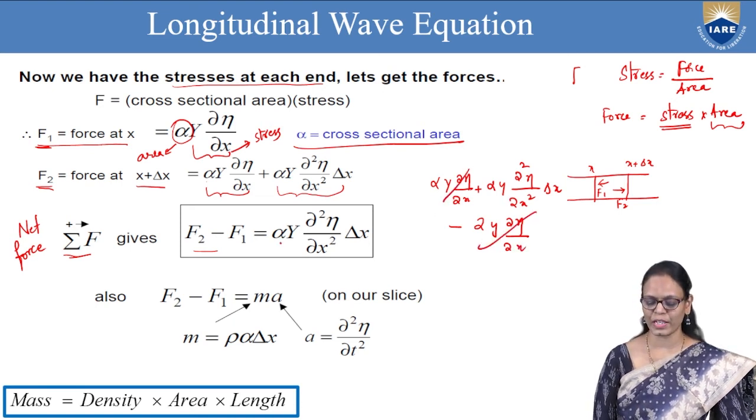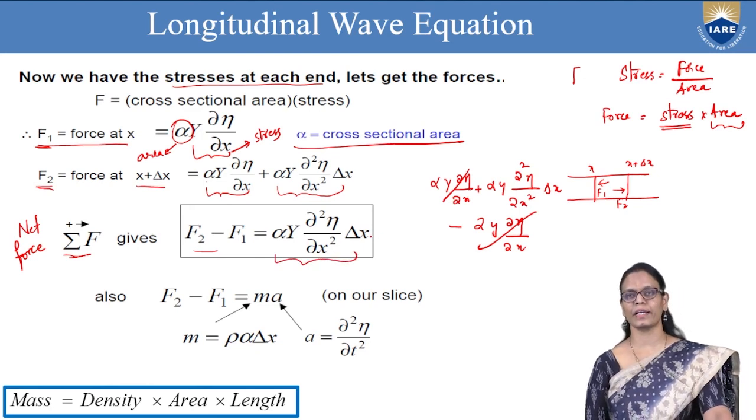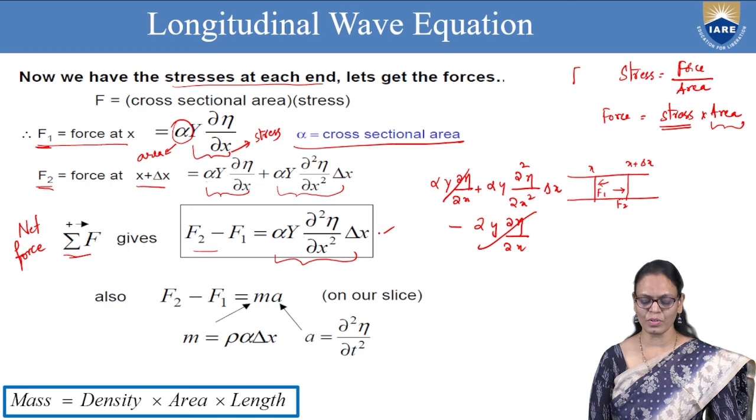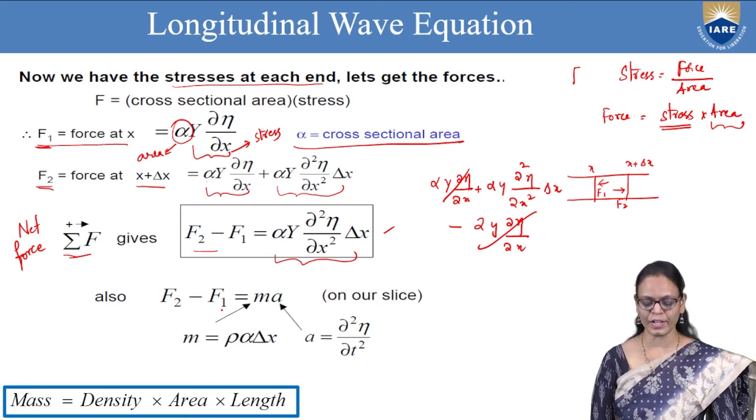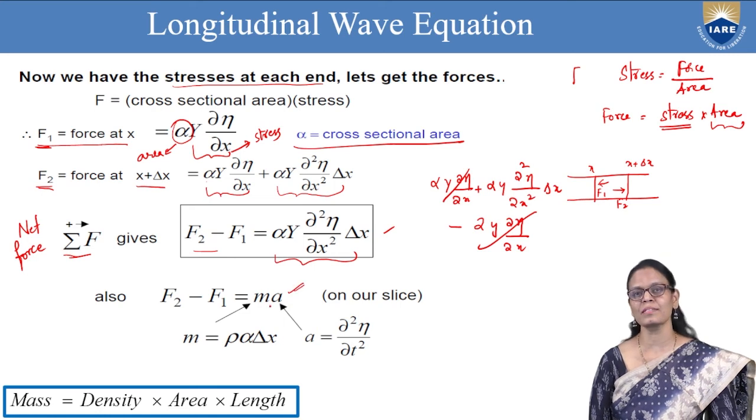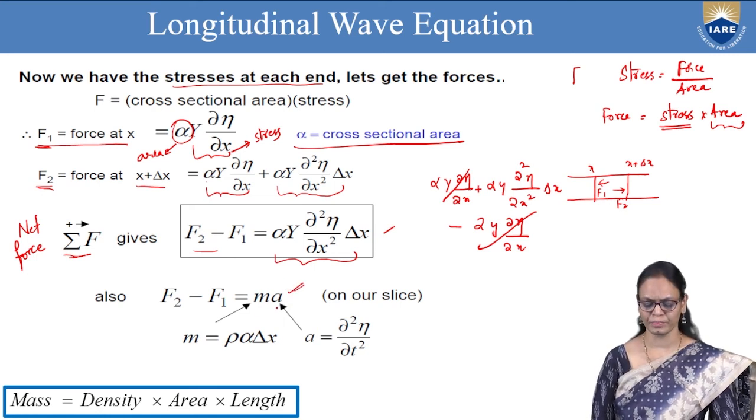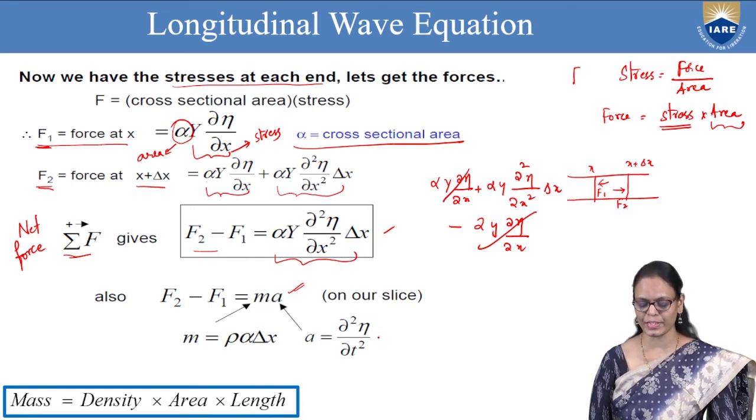What we are left with is only alpha Y ∂²η/∂x² into delta x. And we also know from Newton's second law that the resultant force F is given by ma, mass into acceleration. So what is the acceleration given by? ∂²η/∂t². This is giving us the acceleration.